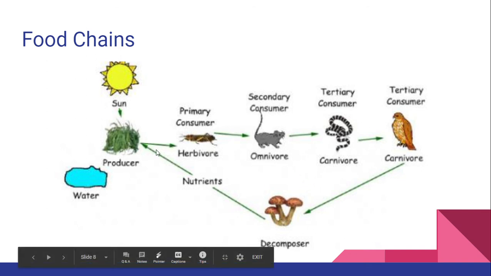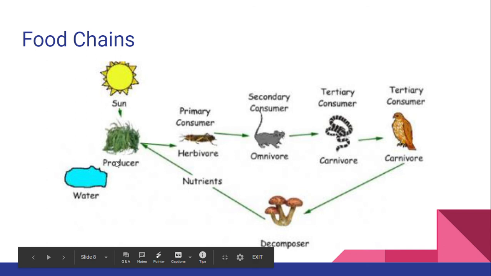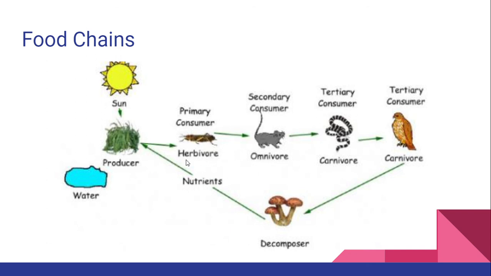The nutrients will go back into the producers, who will use this, and the cycle will keep continuing. So in this food chain we see what specific animals, like the mouse eating the cricket or the hawk eating the snake, ate to get their energy and stay alive.